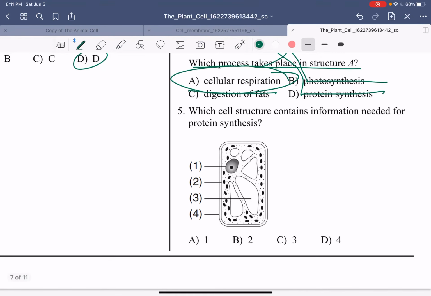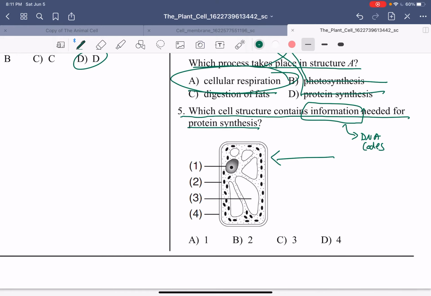Next. Which cell structure contains information needed for protein synthesis? They show you a plant cell. Information, they're talking about DNA codes, because the coding in the DNA molecule is what controls the cell.